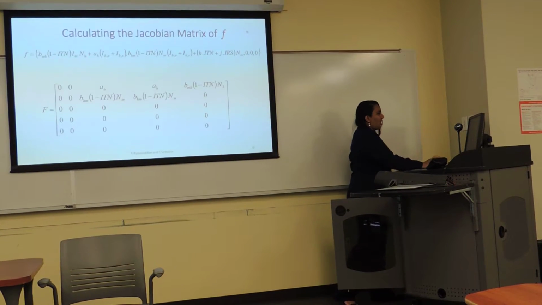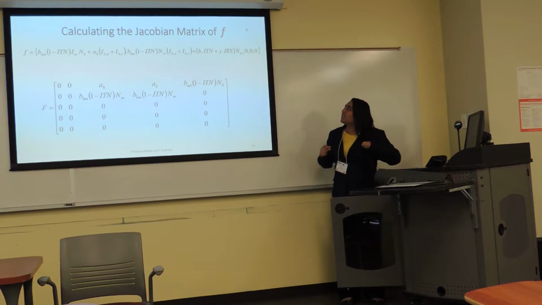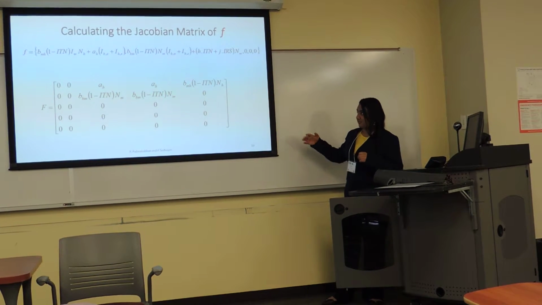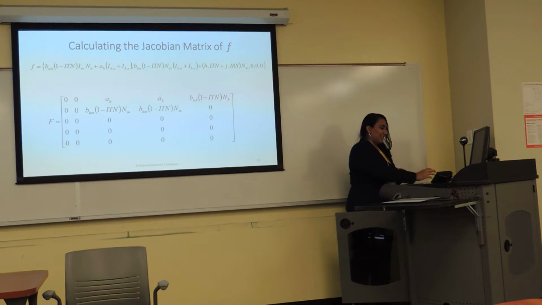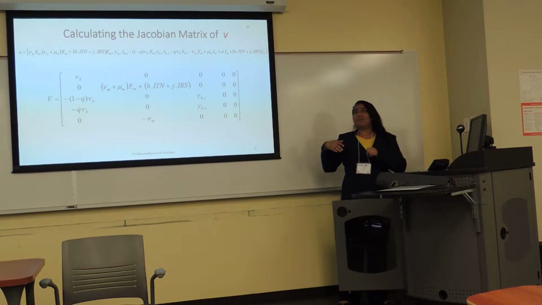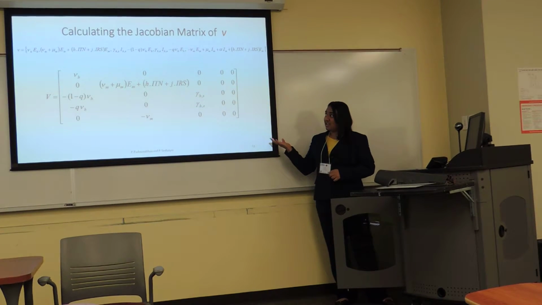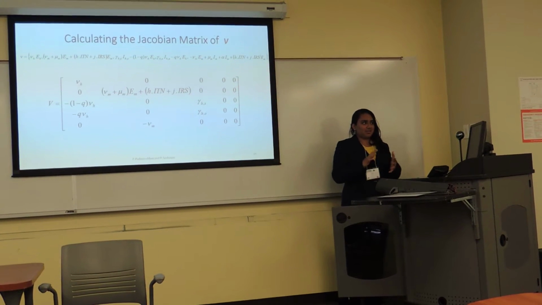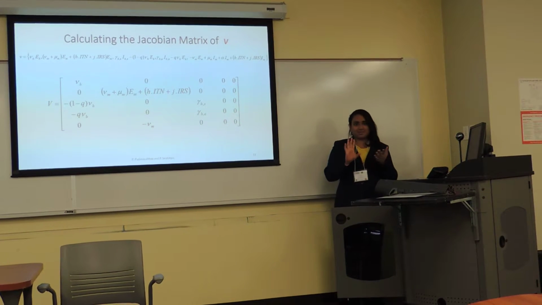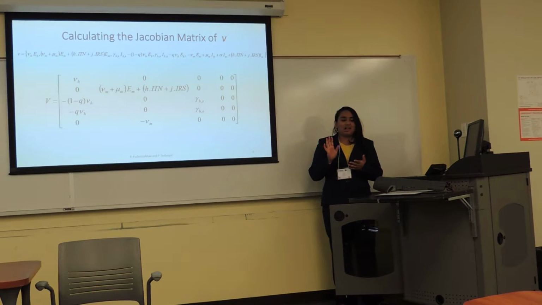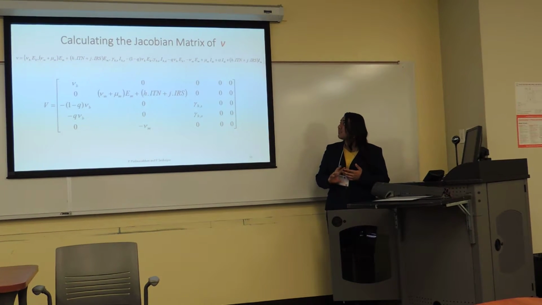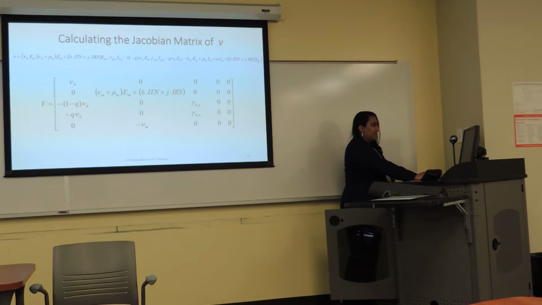So we were able to calculate the Jacobian matrix of the F vector, and this is the result that we got. And similarly, we were able to look at the Jacobian matrix for V. These are all with respect to the new infection phases, so the exposed humans, exposed mosquitoes, asymptomatic infectious humans, symptomatic humans, and then the infected mosquitoes.